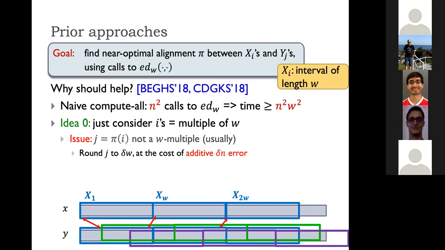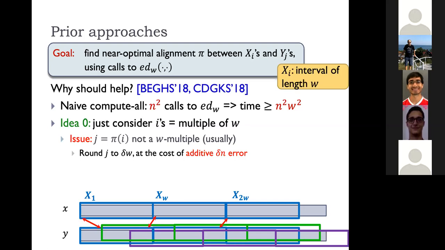Then, for all these optimal alignments, if you take this i, which is a multiple of w, take the corresponding j, round it to delta w, and do it for all possible i's, then it's pretty simple to prove that one can still compute an approximation to the distance, but there will be an additive error of delta n, coming exactly from this rounding issue.